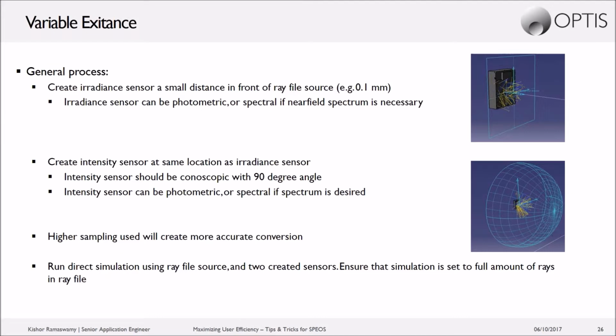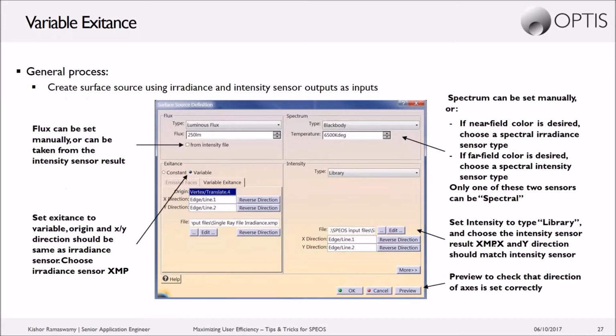You then run a direct simulation using the RAY file source, the two sensors, and any LED geometry. And this will create two XMP results, which we then put into a new surface source. In the exitance section, we change the radio dial from constant to variable. And in the intensity section, we change the type to a library.